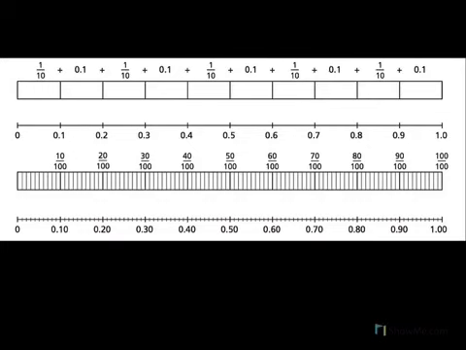Okay, in this example, we have some bars and number lines that are modeling fractions and decimals. The first bar is labeled by tenths. So we have a fraction, a decimal, a fraction, a decimal, and each one of those is showing 1/10.